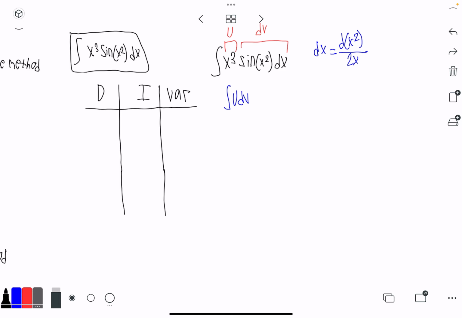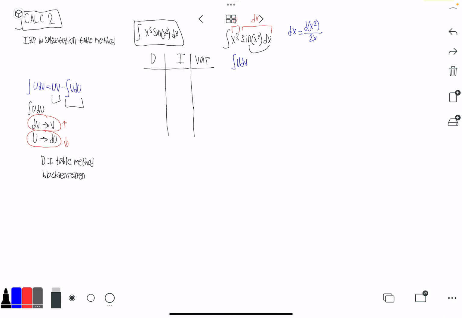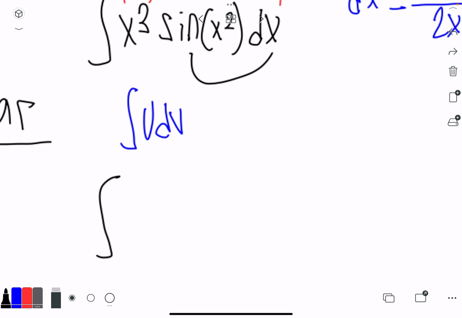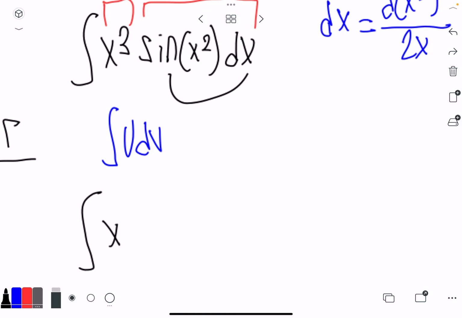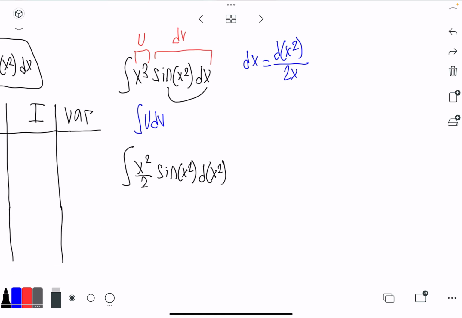But we don't like this equation because you just can't integrate this. So we would like to rewrite it in another way as x squared over 2 sine x squared dx squared. Because now we have changed the dx with whatever that thing is.